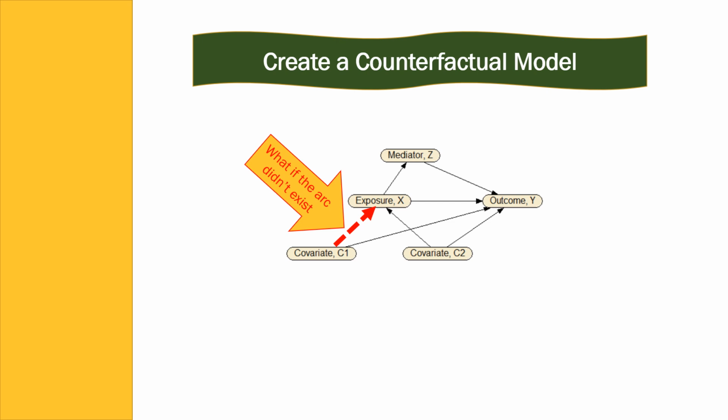A counterfactual model is a model in which you have removed some relationships to ask what if this relationship didn't exist in the model. This kind of imagining a world in which certain things are no longer there is obviously an imaginary model, and therefore it's called counterfactual.